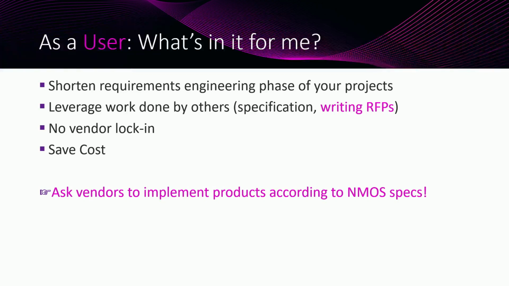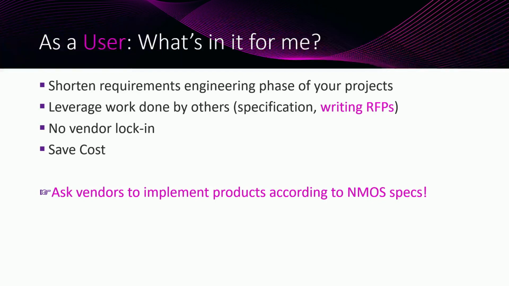These are very passionate people about what they're doing. So you can leverage work done by others and use that work when you write your RFPs. You don't have to think it all through yourself. But please, don't just write in your RFP that it has to do NMOS. It's just not enough.